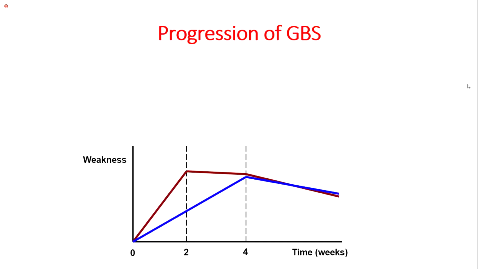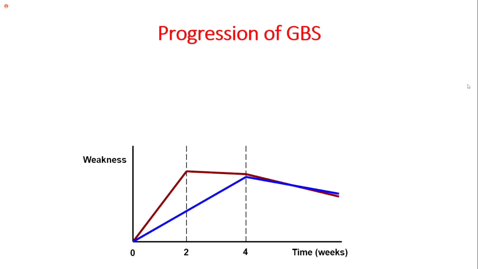What is the red line? The red line is what we actually see in real life. Although the definition is 4 weeks, the majority of patients, 80% of patients, will reach their maximum in 2 weeks. So the first 2 weeks are crucial. That is the period in which the patient can develop all the complications and die.